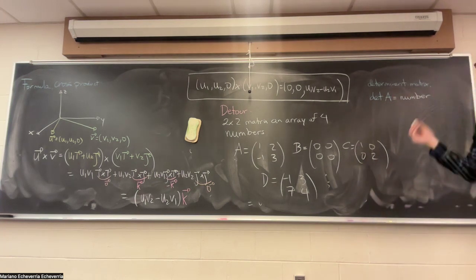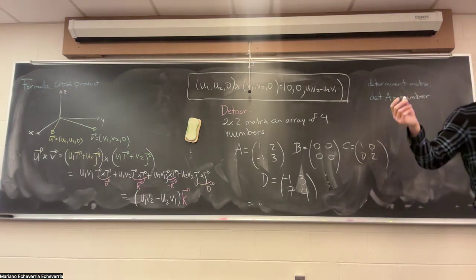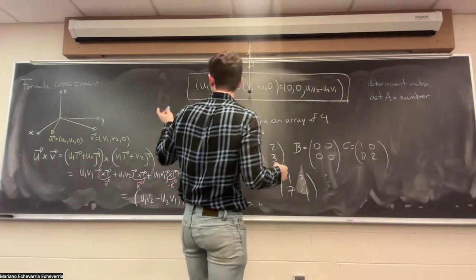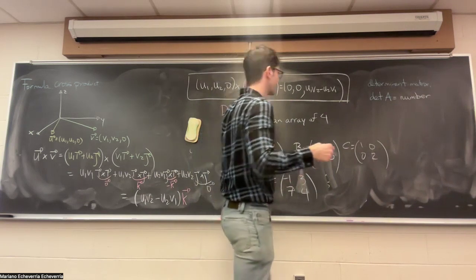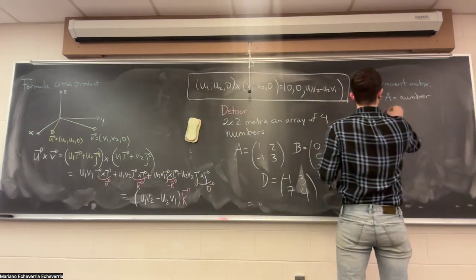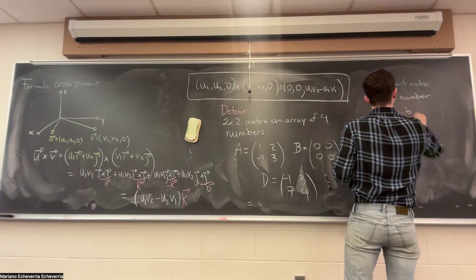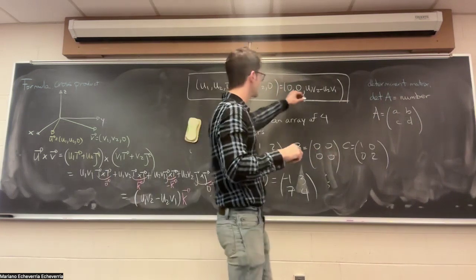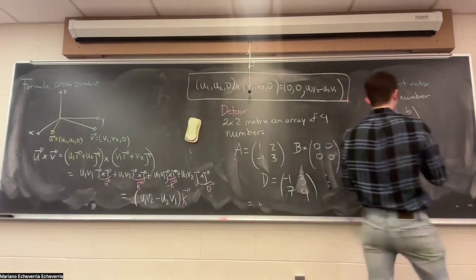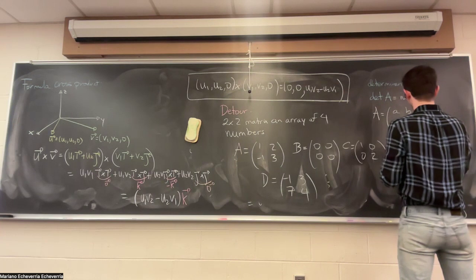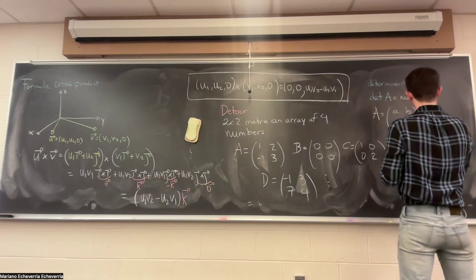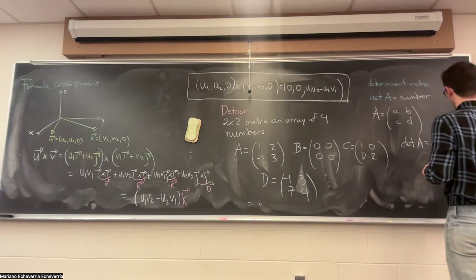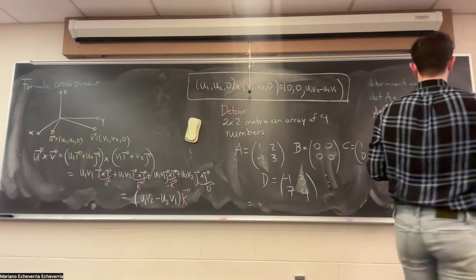Actually, it is the area of the parallelogram, I'll show you how this works in a second. If you think of the matrix A as being A, B, C, D, then the determinant is this weird combination: the determinant of A is A times D minus B times C.